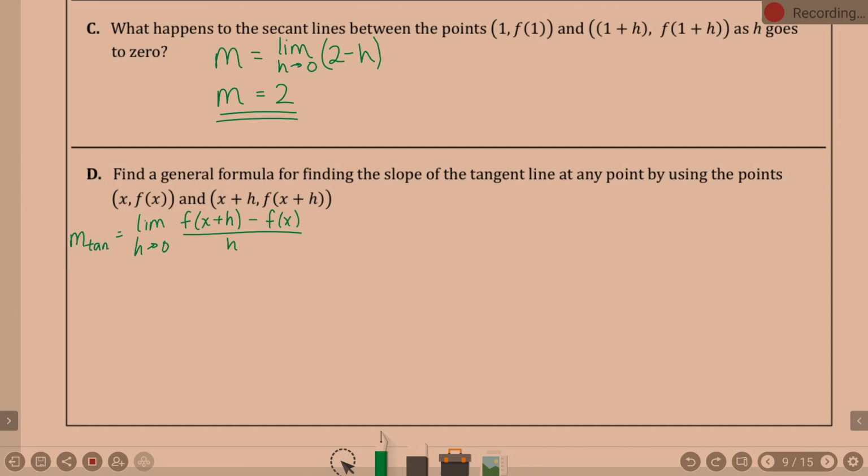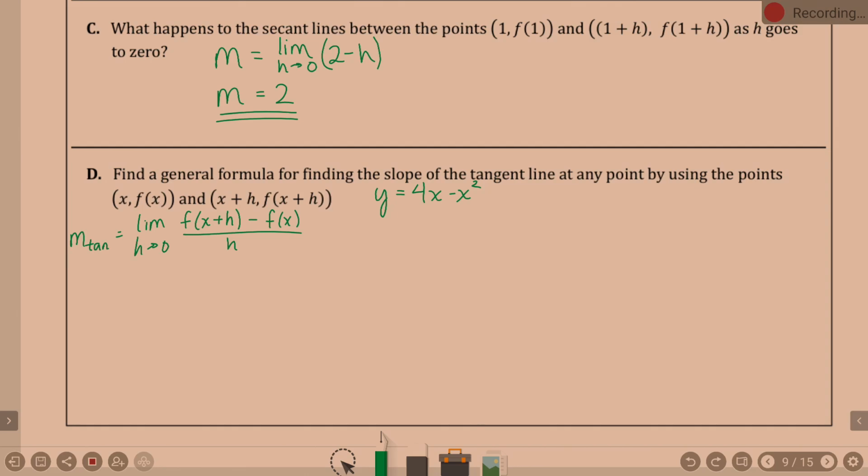What they're asking us to do is this for, what was my original equation? It was that y equals 4x minus x squared, right? So they're asking us to do it for that equation.